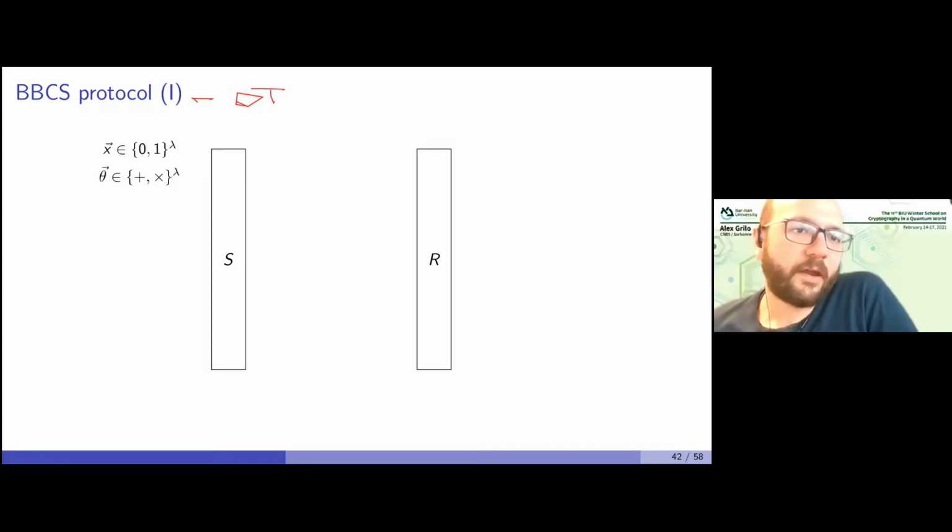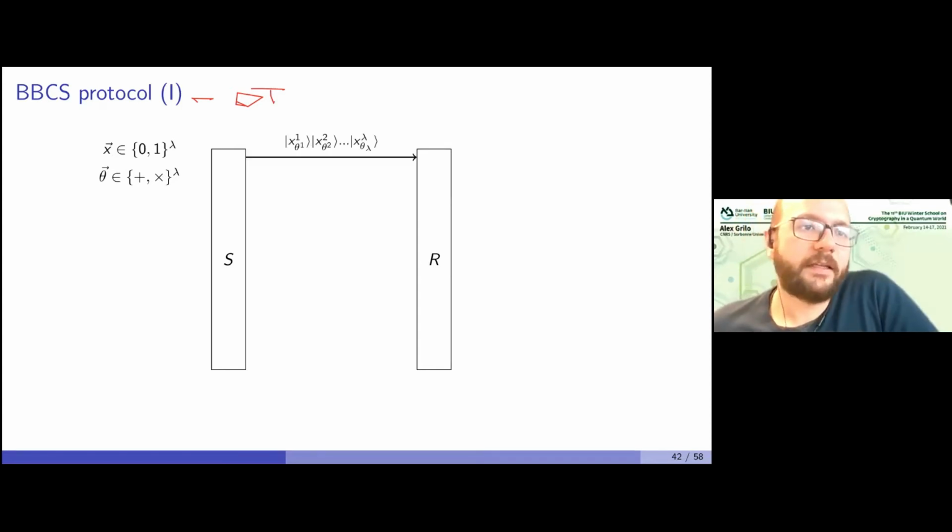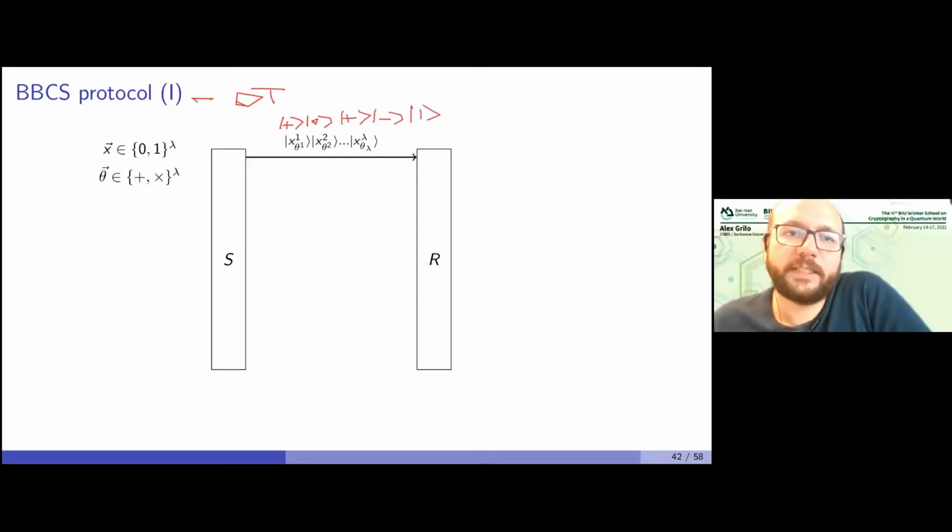For some security parameter lambda, the sender will pick random bits x and some random bases theta, and will send these states in these bases. If you remember Rotem's talk, this is just a BB84 state. So it's a bunch of plus or zeros, minus or ones.